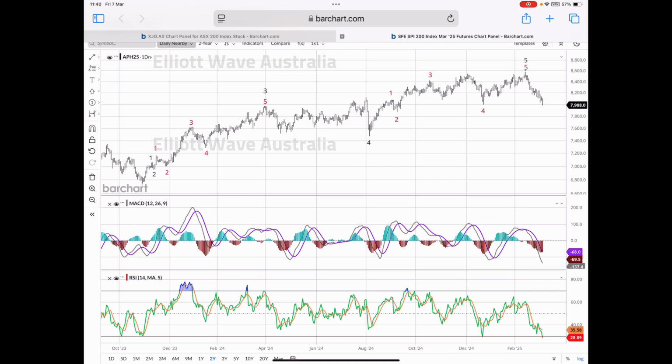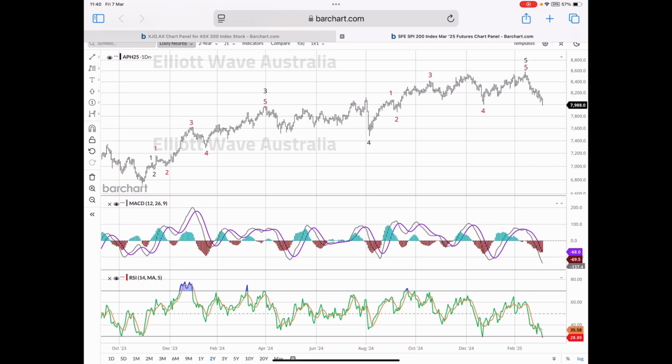Wave 2s are often sharp and wave 4s are often sideways moving, so we do have that. Apart from that, it's a very tiny black 2, as I just said. But from black wave 4, we've got a 5-wave move with an expanded flat for wave 4, which was a bit misleading at the time.